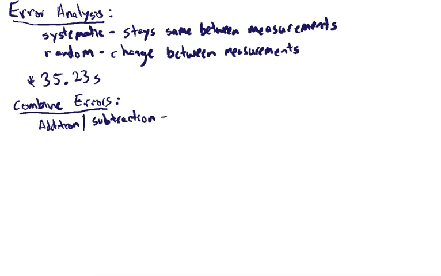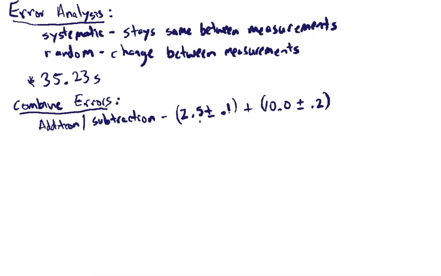So if you looked at something and I told you it was 2.5 plus or minus 0.1, and then you had to add to that 10.0 plus or minus 0.2, what are you going to do with this?